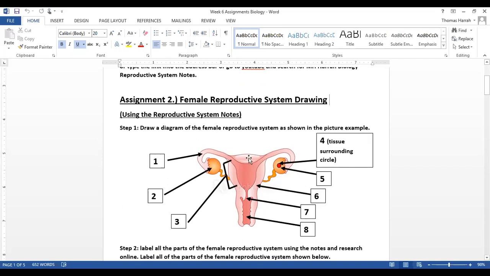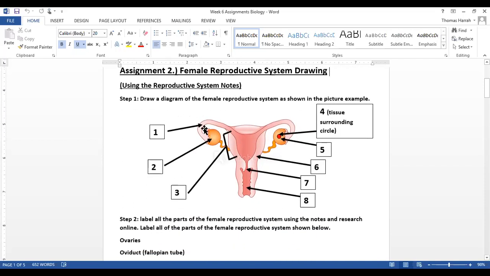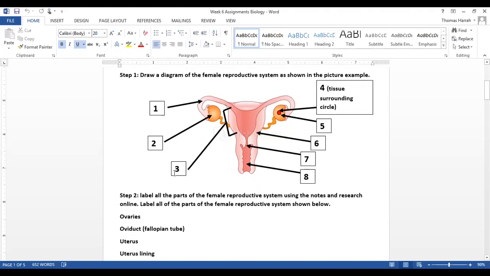This is the inside here, right? So you're going to draw this picture with the arrows, number the parts here like I have, get that on your paper, and then step 2, you're going to label all the parts of the female reproductive system using the notes and research online. You could look up diagrams of the female reproductive system.